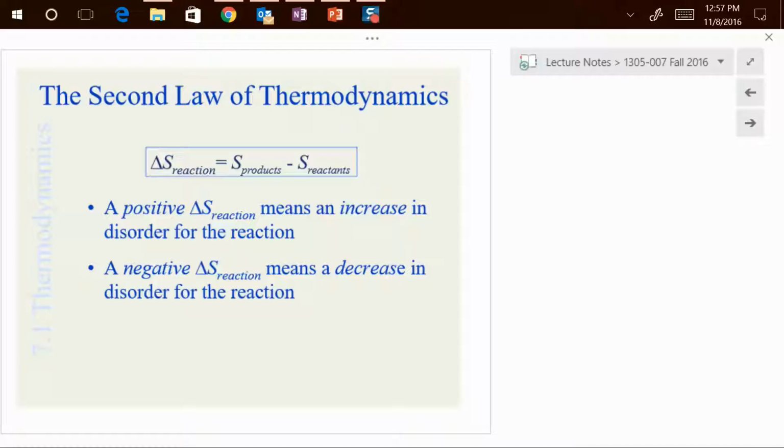Greater disorder. A decrease in the entropy means less disorder. It's more organized. Okay? So when we're thinking about entropy, that's how the signs of the entropy are going to help us understand what's happening, whether the system is becoming more or less orderly.